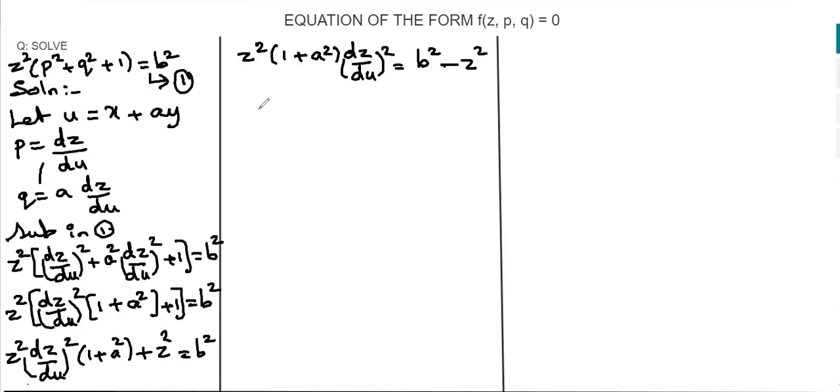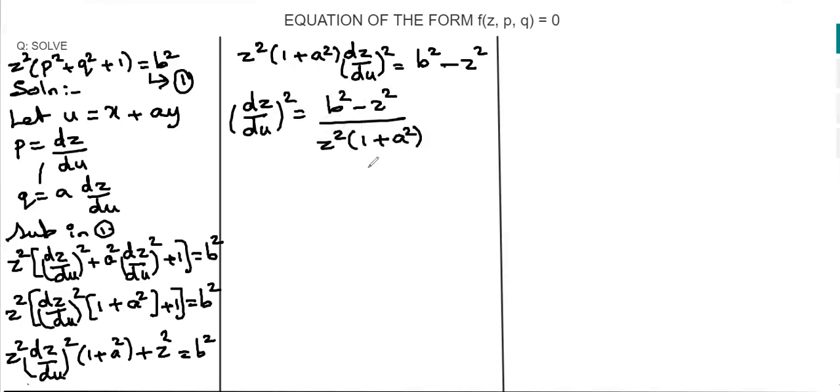Now, to apply the variable separable method, I am going to simplify this. dz by du the whole square will be equals, see, this z square into (1 plus a square) is in product form here, so bringing that to the other side, it will go to the denominator: z square into (1 plus a square), over b square minus z square.